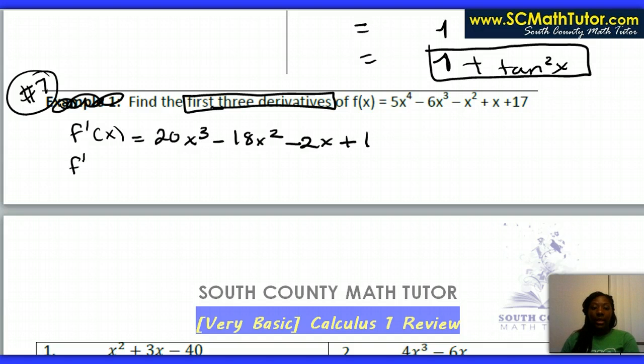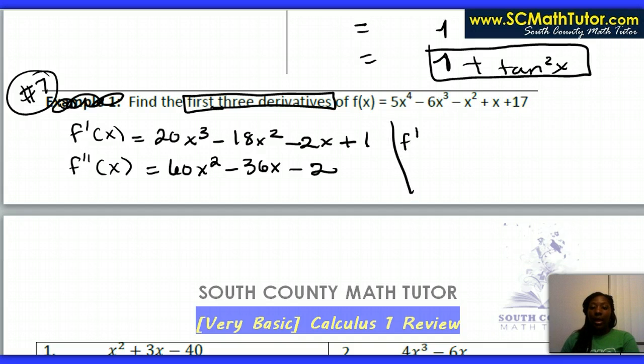Okay, second derivative. 20 times 3 is 60x squared minus 36x minus 2. Okay, and f triple prime, so third derivative, is 2 times 60 is 120x minus 36.